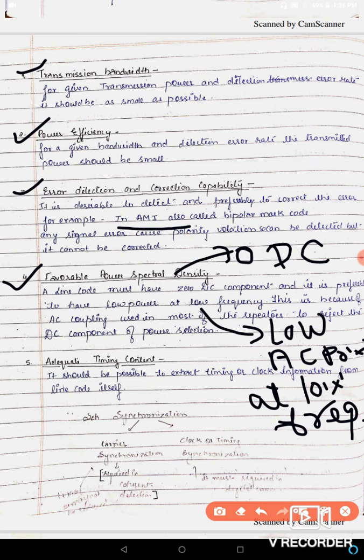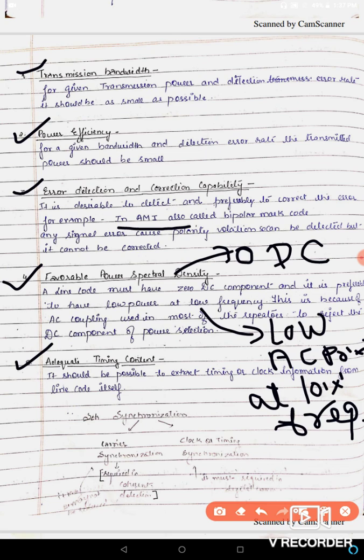The fifth important property of a line code is that it must have adequate timing content, because one of the differences between analog and digital communication is that in digital communication we must have a clock at both the transmitter and receiver, and these two clocks must be synchronized.